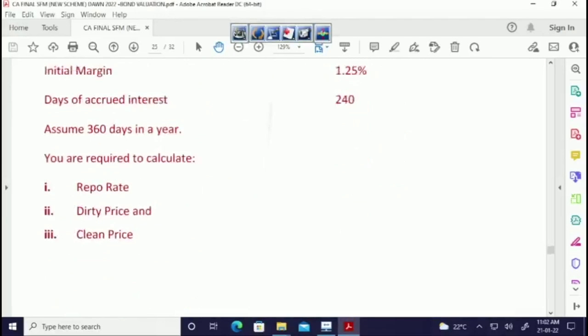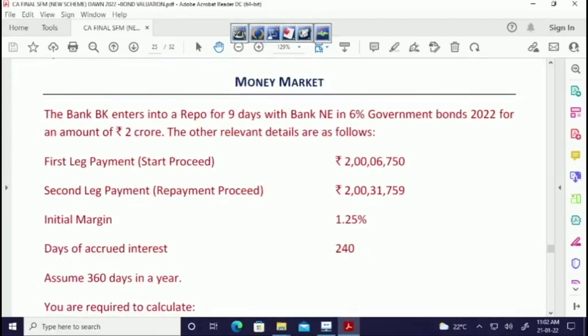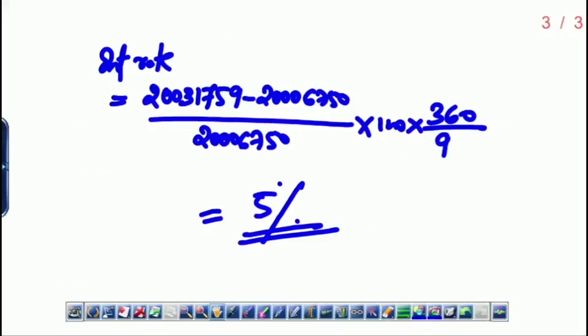The second question they're asking is to calculate the dirty price. So the loan amount 2 crore 6,750 was the clean price plus accrued interest, the dirty price, less 1.25%. So this 2,00,06,750 is 98.75% of the dirty price. It's after deducting the initial margin. Are you getting me?